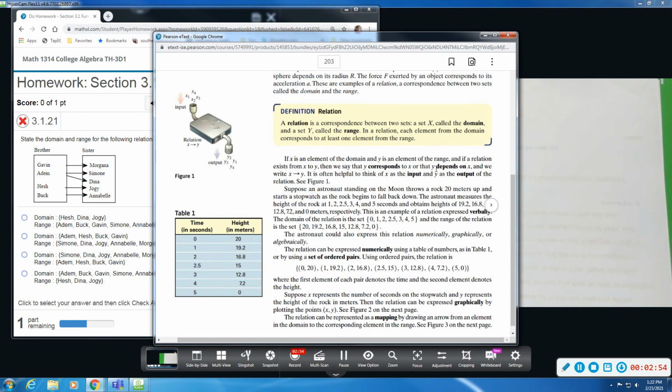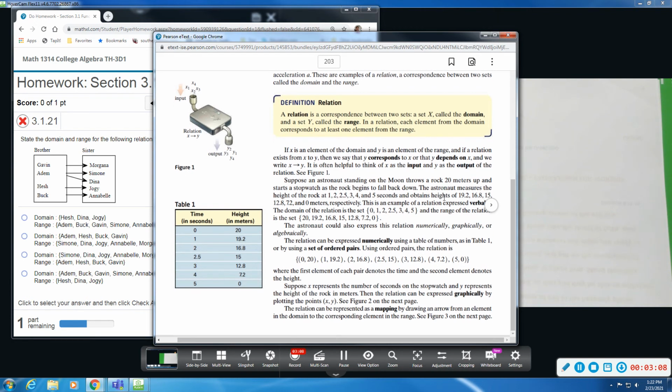Y depends on X, so if you see dependent, that is Y. Independent would be X. It is also helpful to think input as X, Y as output. So you have input, output, dependent, independent, domain, and range. All of those terms refer to X or Y.